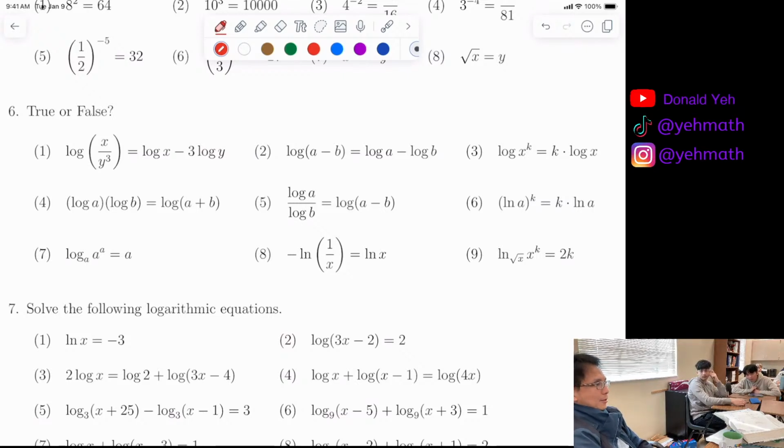That's false, because if you would condense the right side, you would get log of A over B. Log of A over B is definitely different than log A minus B. Even though that looks like it's distributed, you're not able to distribute a log. So the second one's false.